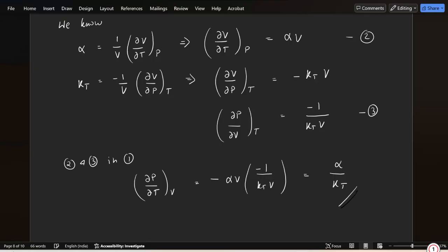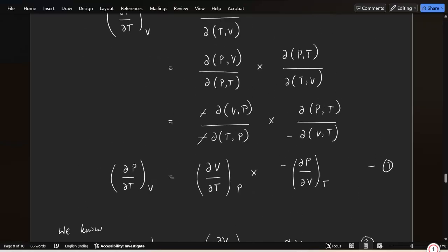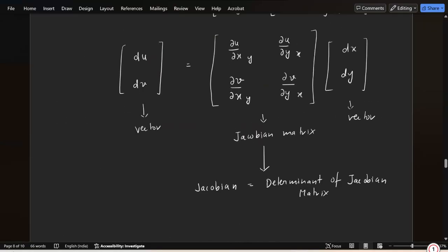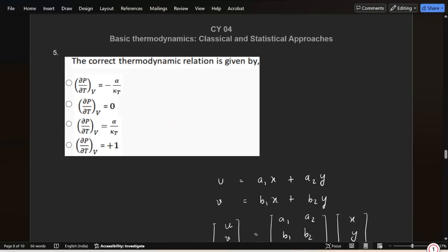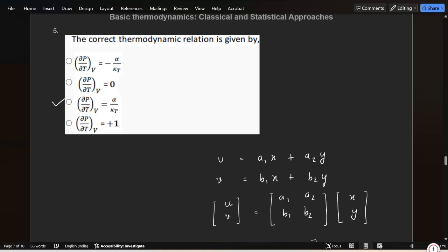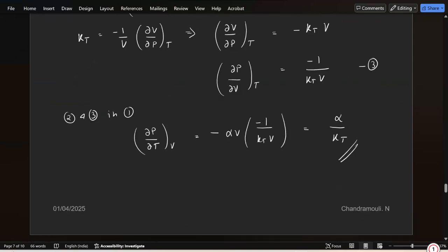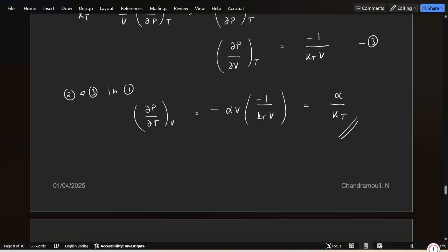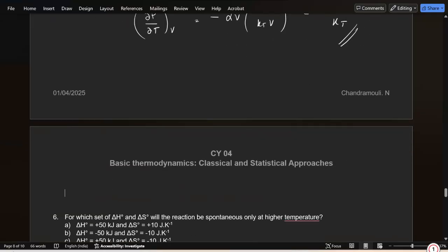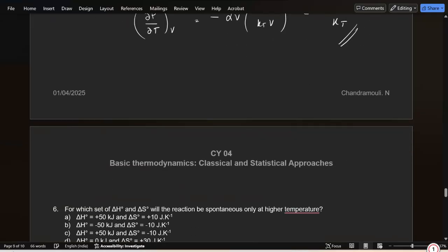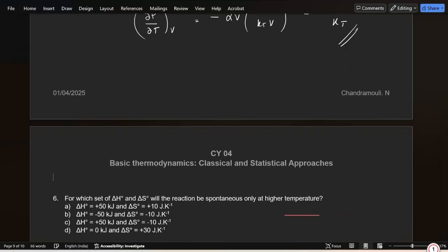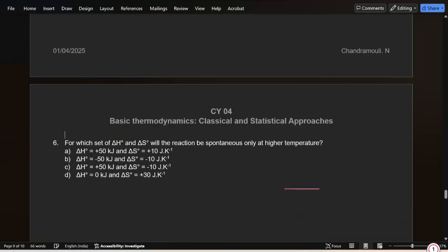That is the final answer. Do we have alpha by KT in the options? Yes, the third one. That is our answer. Alpha is an experimentally measurable quantity and KT is also experimentally measurable. Did you understand this? Any doubt? No, sir. All right.